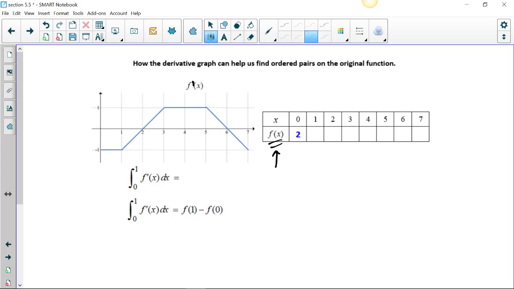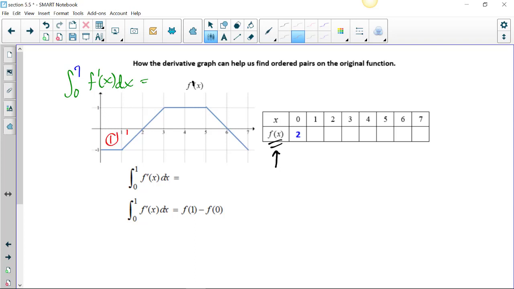Let's say that I wanted you to find the definite integral from 0 to 6 of f prime of x dx. You're all experts at that. We've done that a lot. So it's basically the area bounded between the graph of that derivative function and the x-axis on the interval from, oops, I should have said 0 to 7, I guess. 6, 7, doesn't matter, 0 to 7. So find the area below. This region here is 1 square.